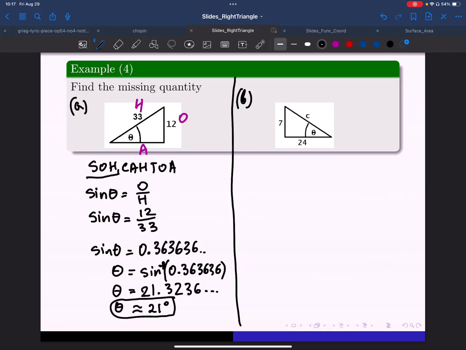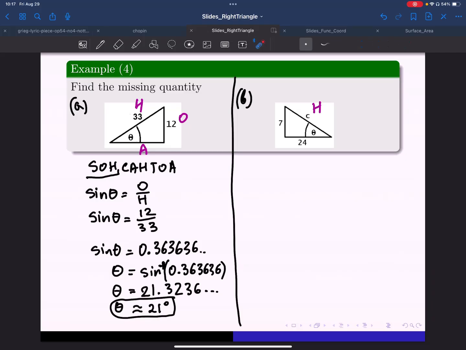Part B, we start exactly the same way. First, we need to label them. Opposite the right angle is always the longest side, called the hypotenuse, so that's very straightforward.